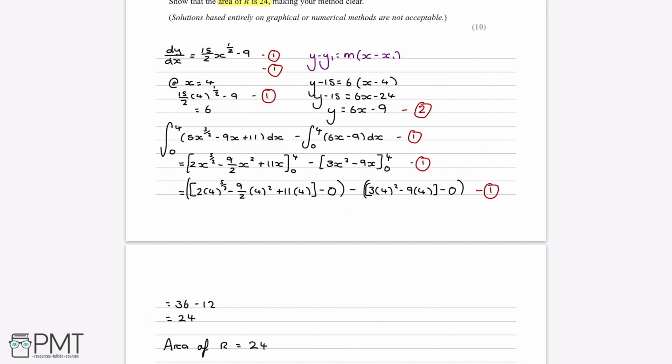And then our second to last mark is our answer mark, so showing that the area of R is indeed equal to 24. And we actually get our last mark for just having the correct notation and fully explaining our answer through our working. So showing a full working out with the correct notation actually gives us our last mark.